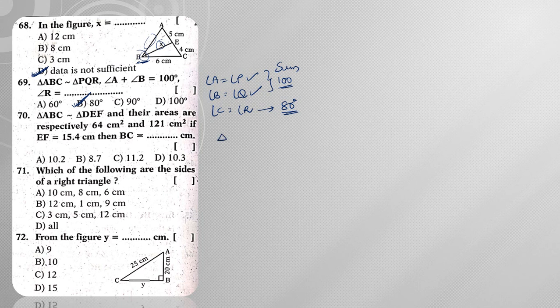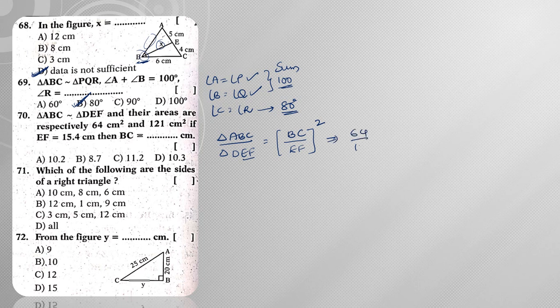From this, triangle ABC area by triangle DEF area will be equal to the squares of the corresponding sides. What are the corresponding sides here? Since he has given EF, here we will consider BC. So BC whole square.